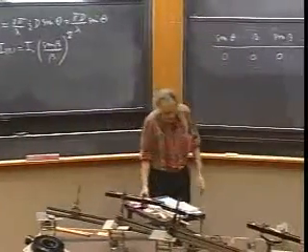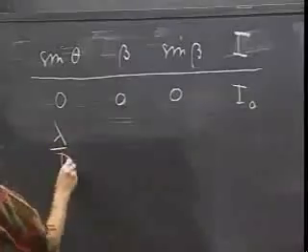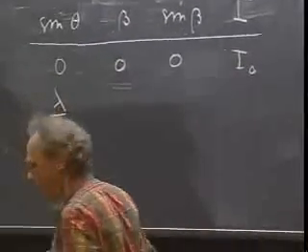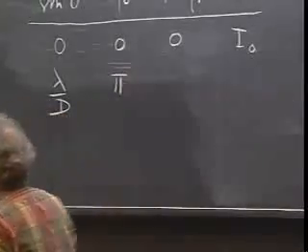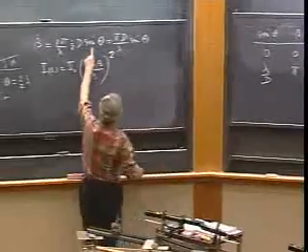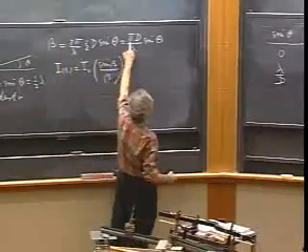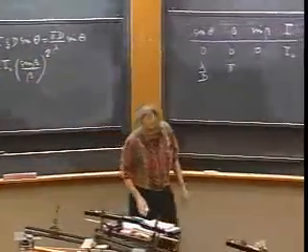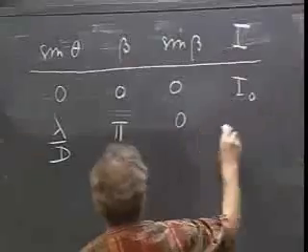So now let's take sine theta is lambda divided by d. Put in here, sine theta is lambda divided by d. Here it is. So you see that beta is pi. So the sine of beta is now 0, and therefore the intensity is 0.